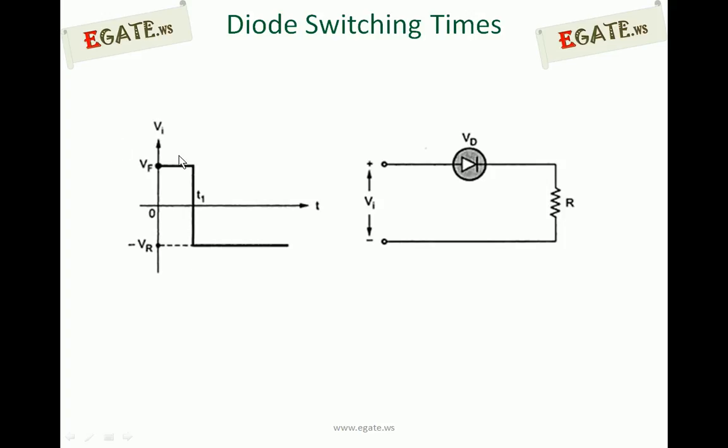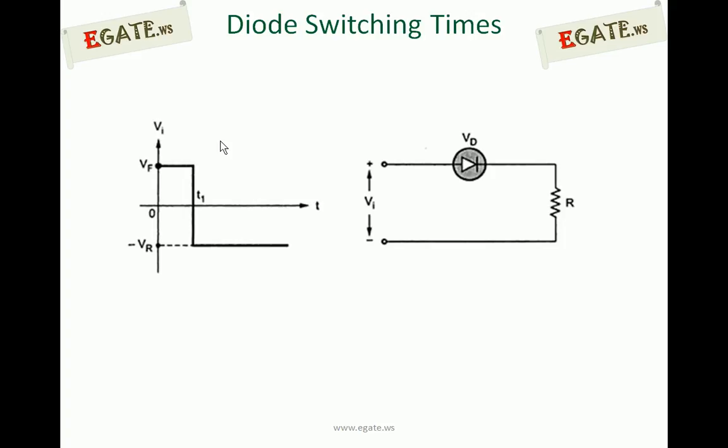Assume that this positive voltage is sufficient to keep the diode under forward bias, and just before t equal to t1, the diode has reached steady state under forward bias. At t equal to t1 the input signal is changed such that the diode should go into reverse bias and reach steady state under reverse bias.